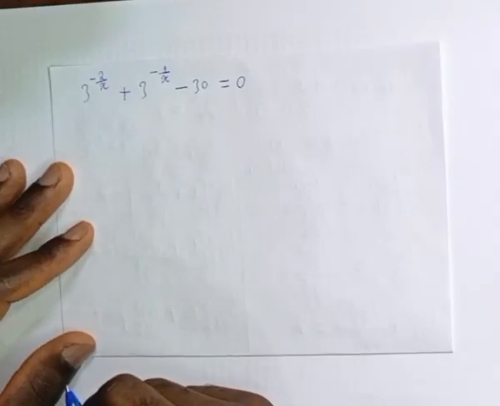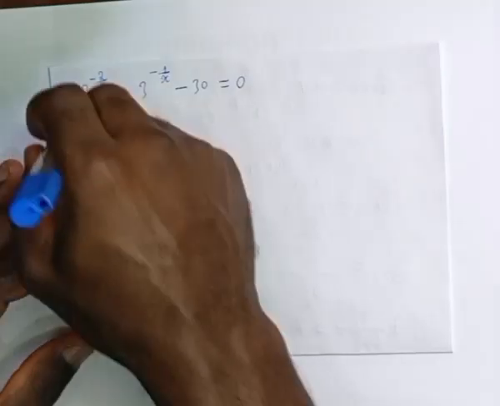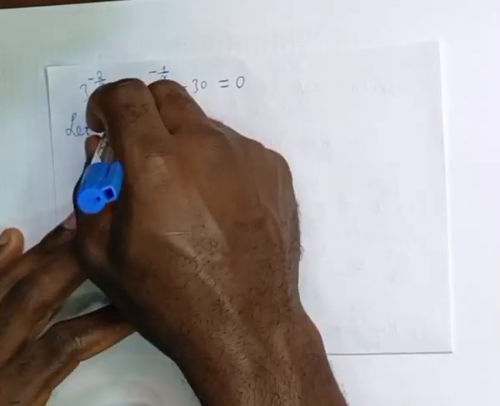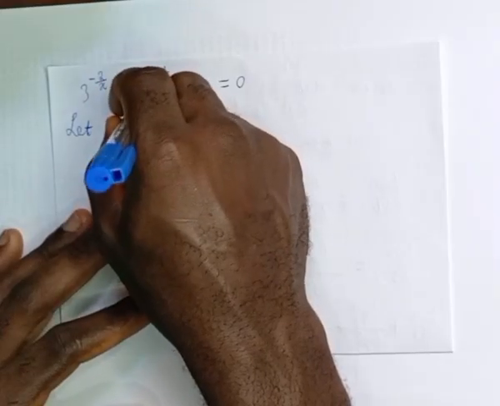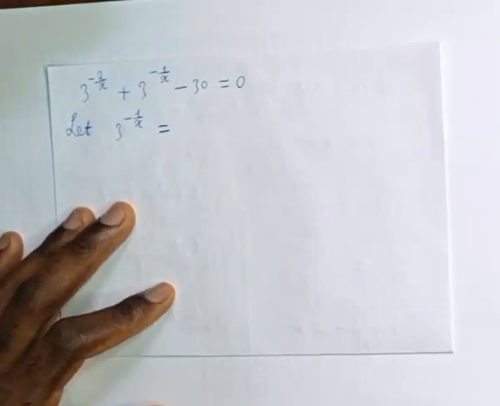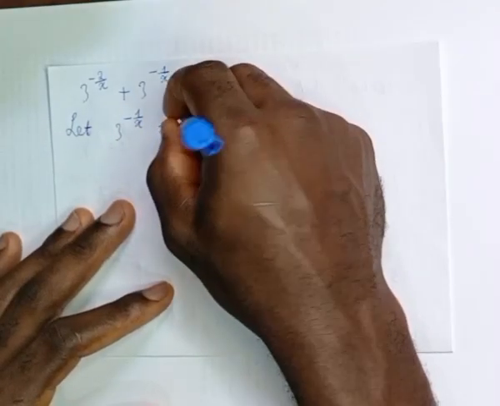Next, what we are going to do is change the variables. We are going to let 3 raised to the power negative 1 over x be equal to any letter of our choice which is different from x. We can make use of the letter t.